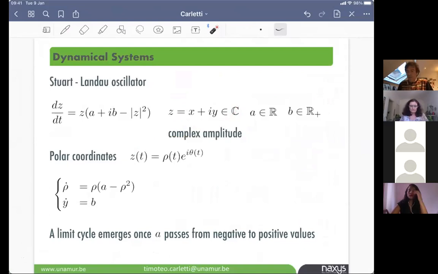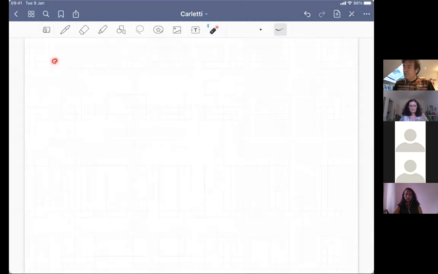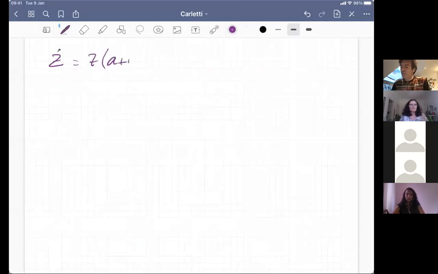So now z is its modulus, rho of t, times exponential of i theta of t. And then I will show you that now the equations of motion are really easier. So let me do the computation again. You have your equation, z dot is equal to z times (a plus i b minus the modulus of z squared).